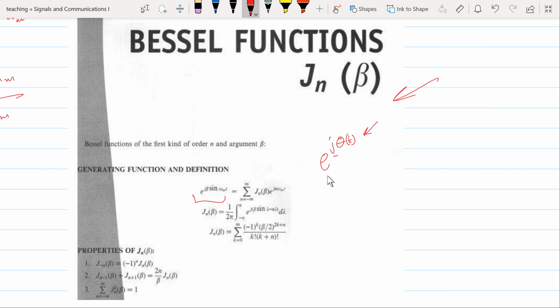So when you put a sine wave in the exponent of this term, it gives you a series with the coefficient J_n, which is defined as the Bessel function of the first kind of order n with argument beta. The other term remains as we normally do with the Fourier series definition.